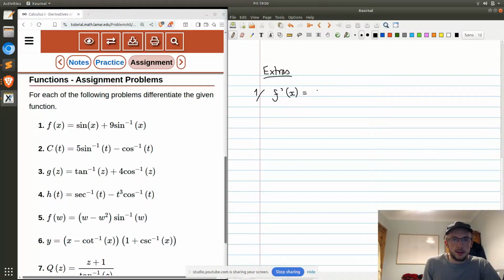F prime x, I would say, is cosine x, and then just do 3. C prime of t.